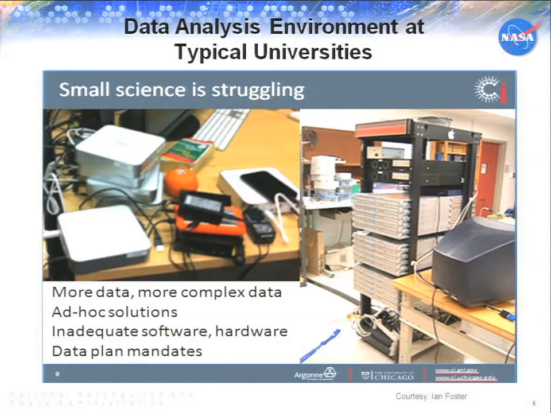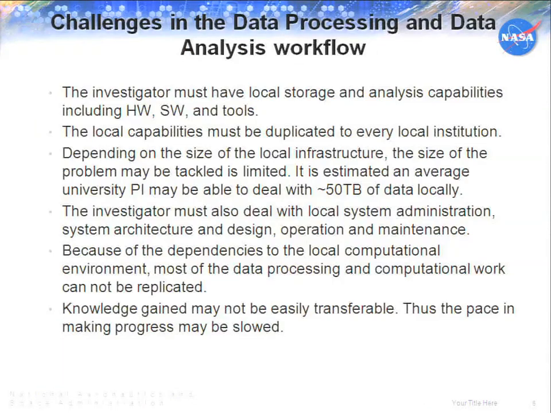Typically it's about 50 terabytes or so. And if you wanted to do something bigger, that's not going to happen. You need to go to the data center, a big data processing place.